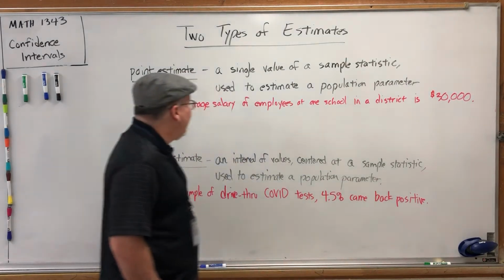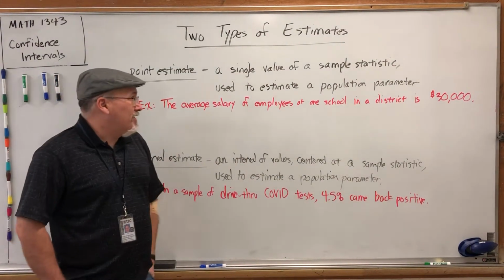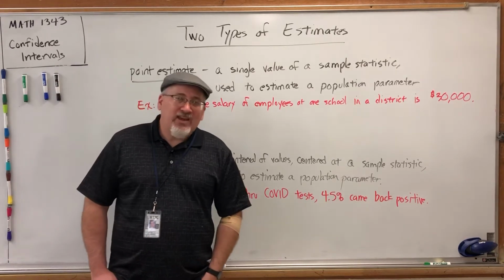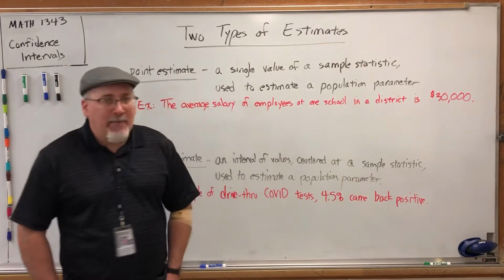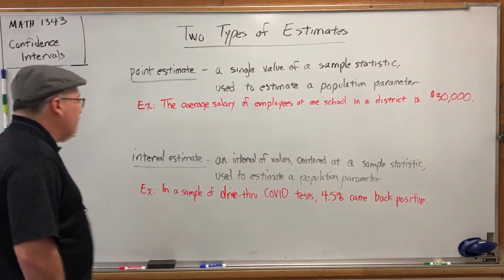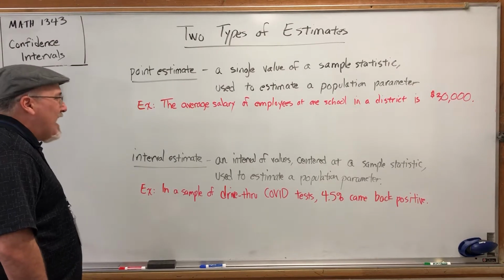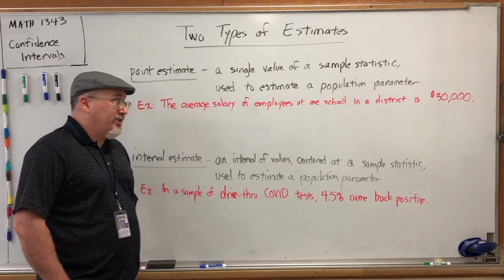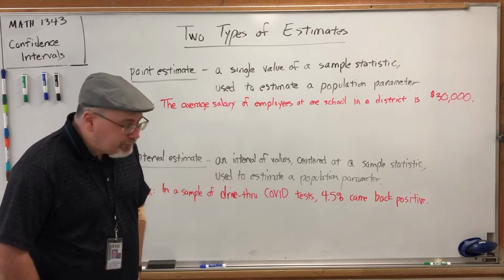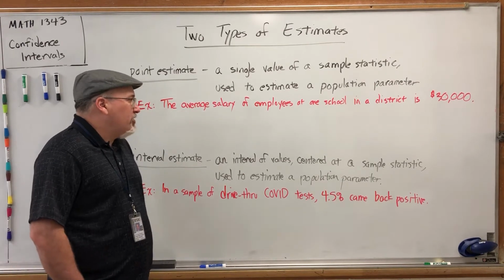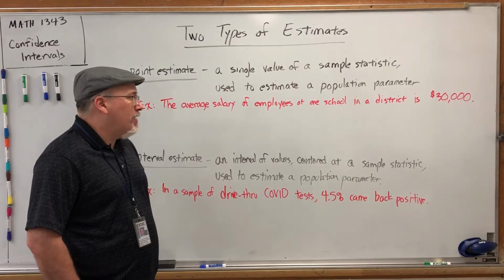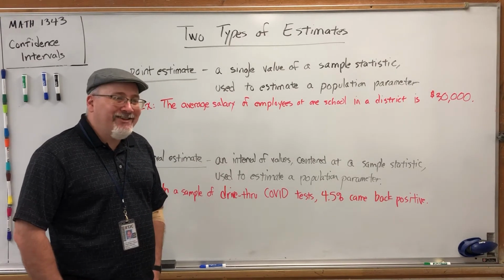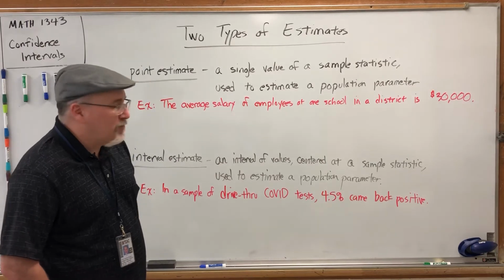So another way of saying this is a point estimate is a single value from a sample used to estimate a population. For example, the average salaries of employees at one school in a district is $30,000. We can interpret this as a sample because we're talking about one school in a district, presuming that there's more than one school.